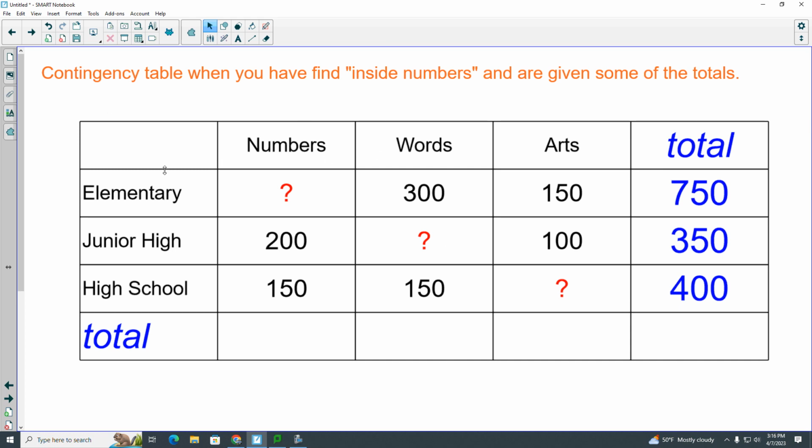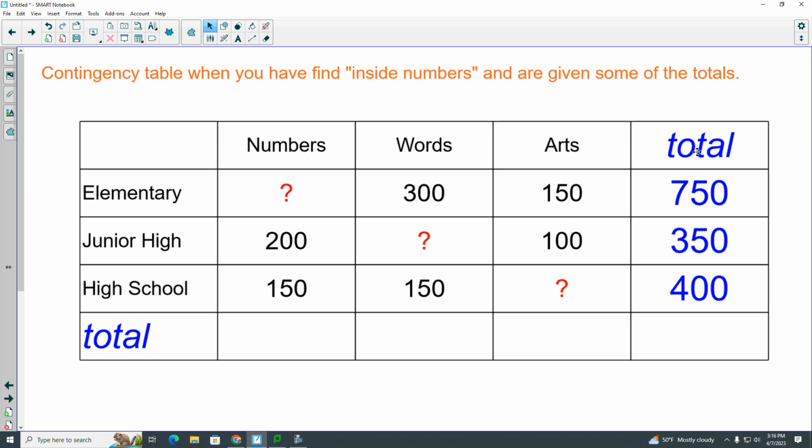Some students were surveyed, and we asked the question, are you in elementary, are you in junior high, or are you in the high school? And then your favorite classes, do they deal with numbers, words, or are they art? And we just have this little contingency table. However, it's not completely filled out, so I have to be able to fill it out. Once I fill it out, I'll be able to find probabilities.